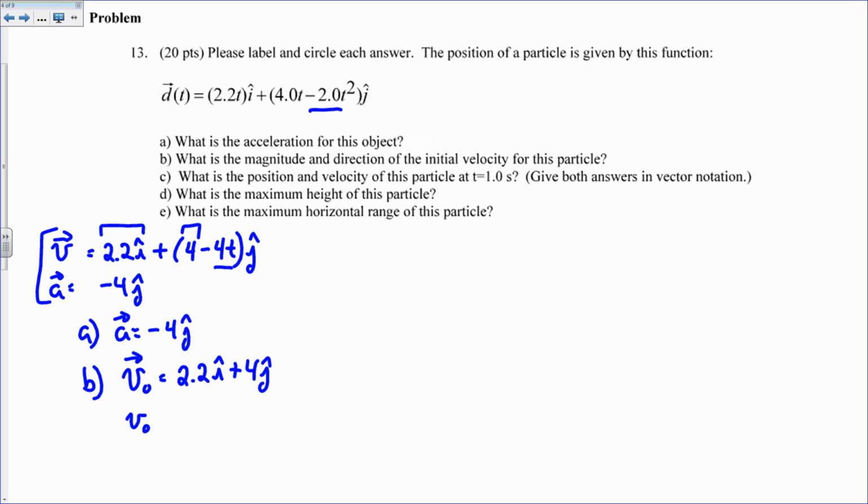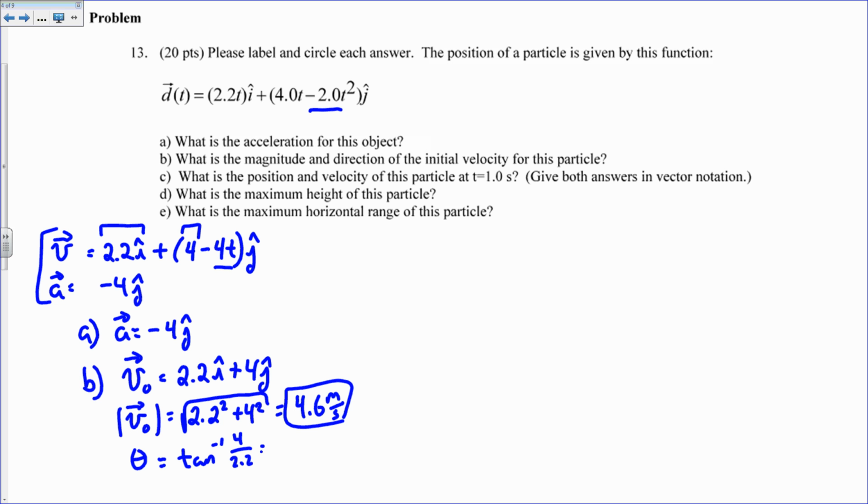The magnitude of the initial velocity is equal to the square root of 2.2 squared plus 4 squared, and that's equal to 4.6. It's in the first quadrant. Theta is equal to the inverse tan of 4 over 2.2, and that's equal to 61 degrees above the positive x-axis.